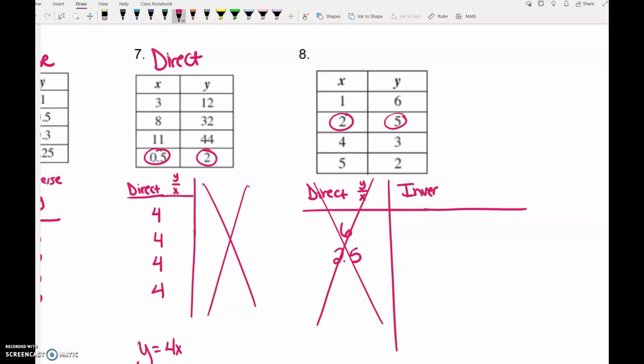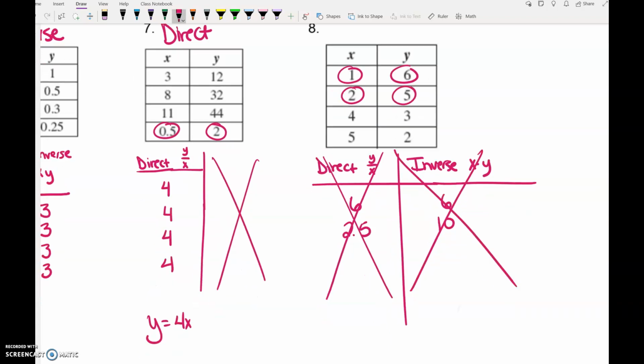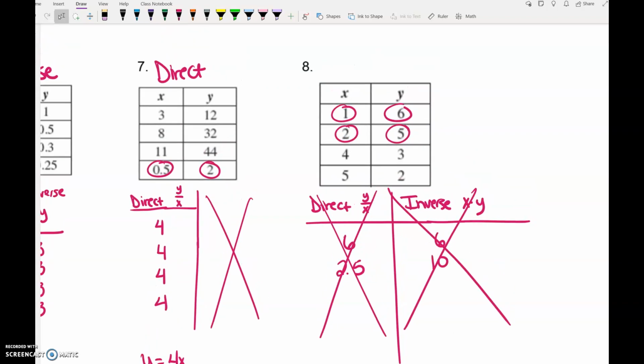Then we'll check inverse. To check inverse, you do y times x. 1 times 6 is 6. 2 times 5 is 10. Are those numbers the same? So what is this one? Neither, neither, neither, something else.